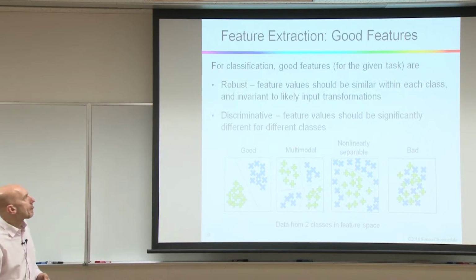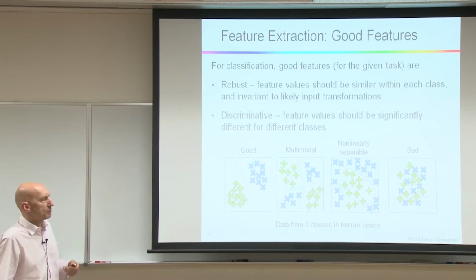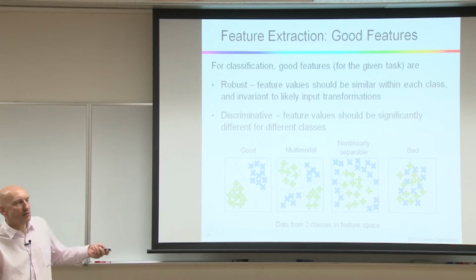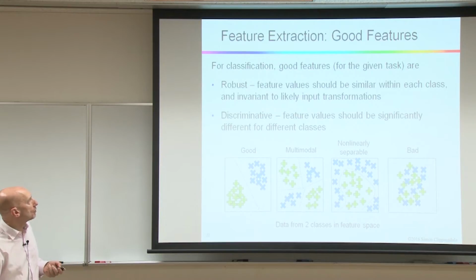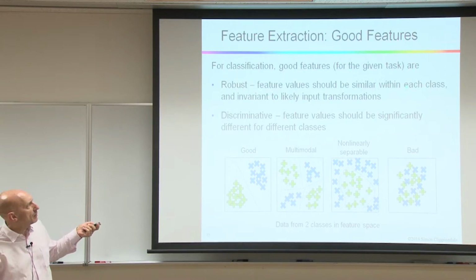Okay, so that was an example of features, PCA, which are optimal in this kind of statistical sense. But in general, what makes a good feature? You can essentially say that features should be robust, meaning that they should be similar within each class.